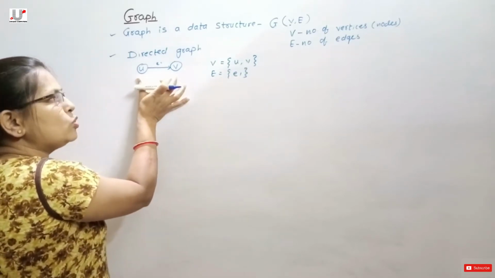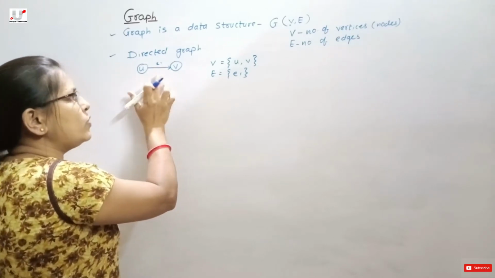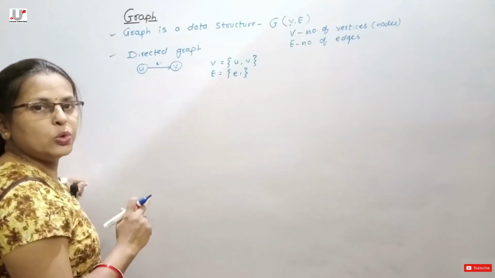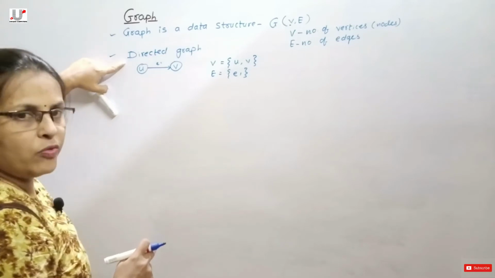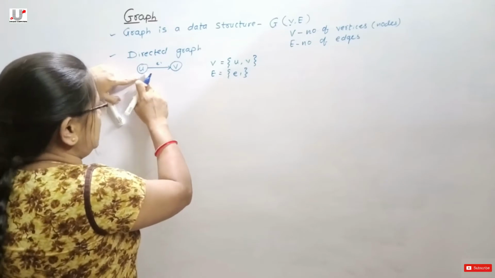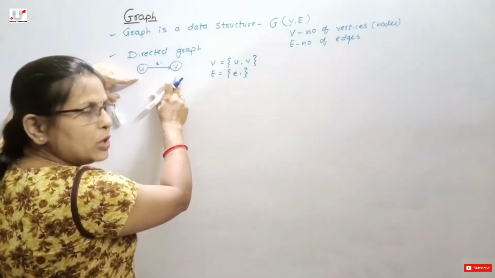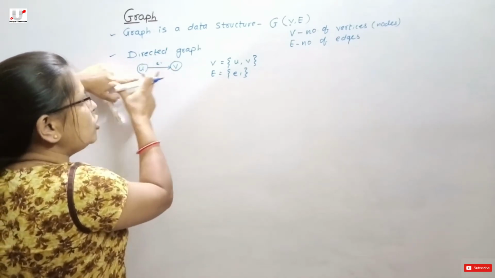If two vertices are joined with an edge, we say that these two vertices are adjacent to each other. So in case of a directed graph, in this graph we traverse from U to V because there is a directed edge from U to V.